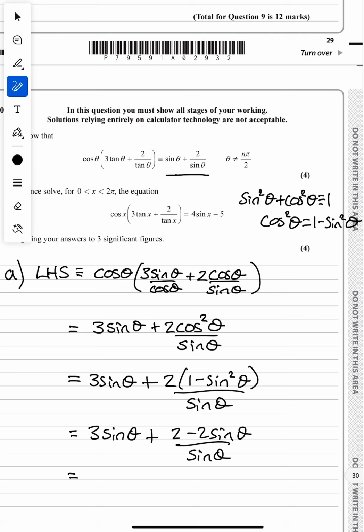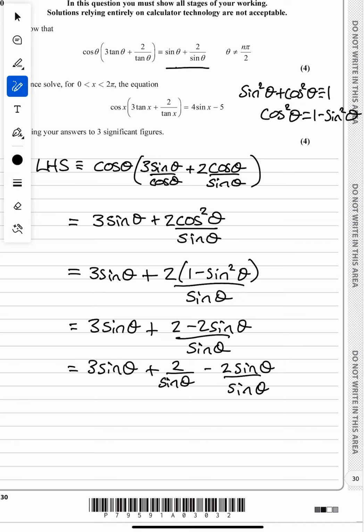If we split up that fraction, that becomes 2 over sine theta minus 2 sine theta over sine theta.